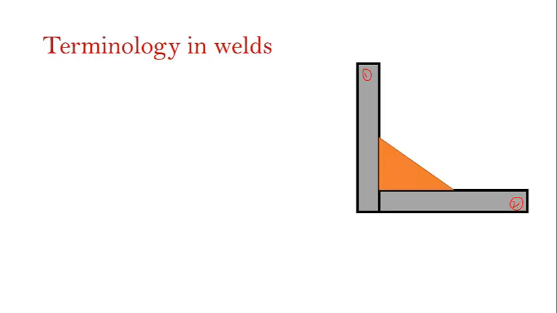Now the different terminologies involved in welded connections are, we have three types of terminologies. The first one is the throat thickness, which is denoted with the symbol TT. So remember, the throat thickness is defined with the symbol TT. What is this throat thickness?